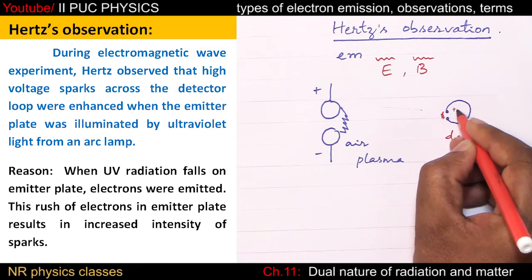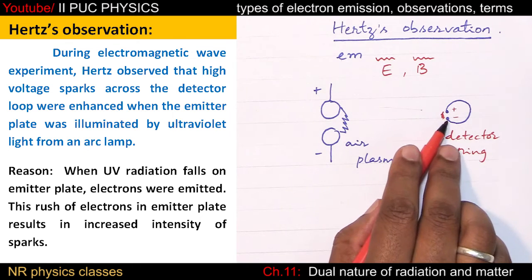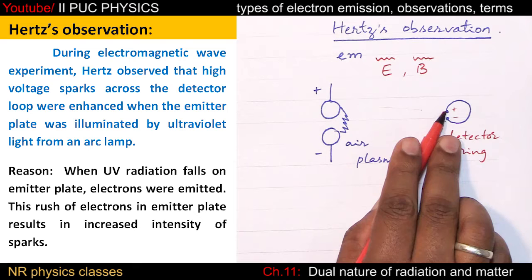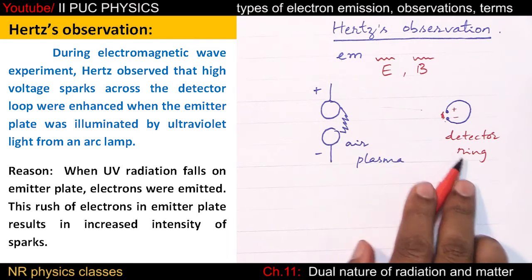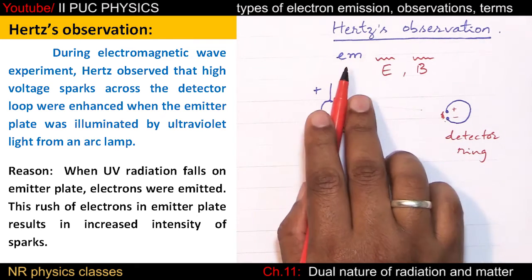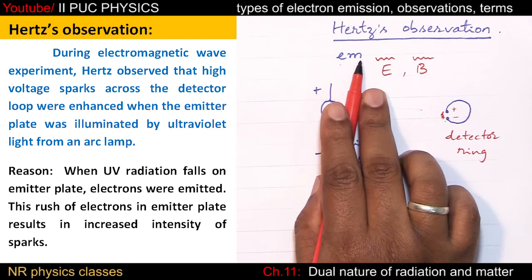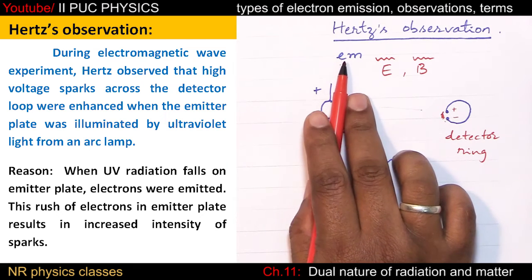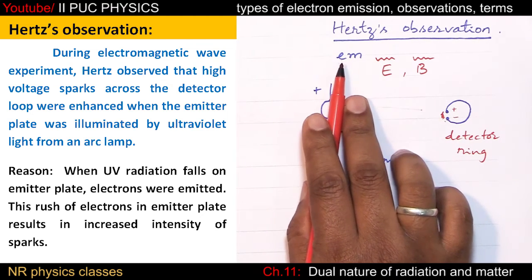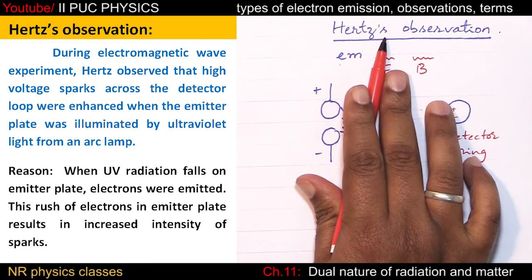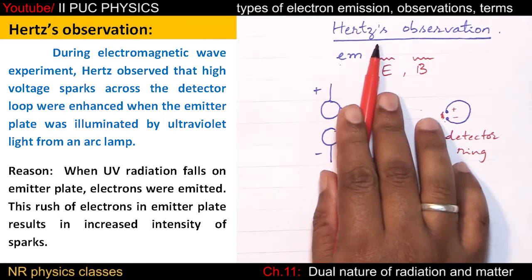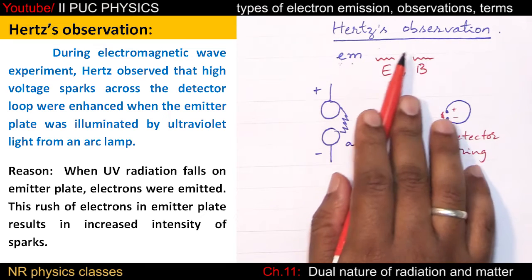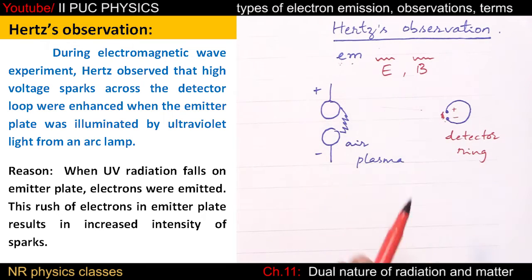Because of that potential difference, electrons could jump from one sphere to another in the detector ring. This was his experiment, and he successfully proved the electromagnetic nature of light.